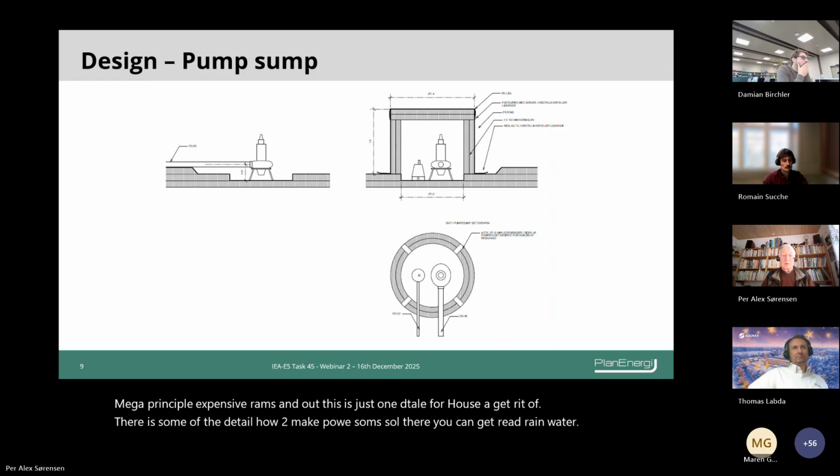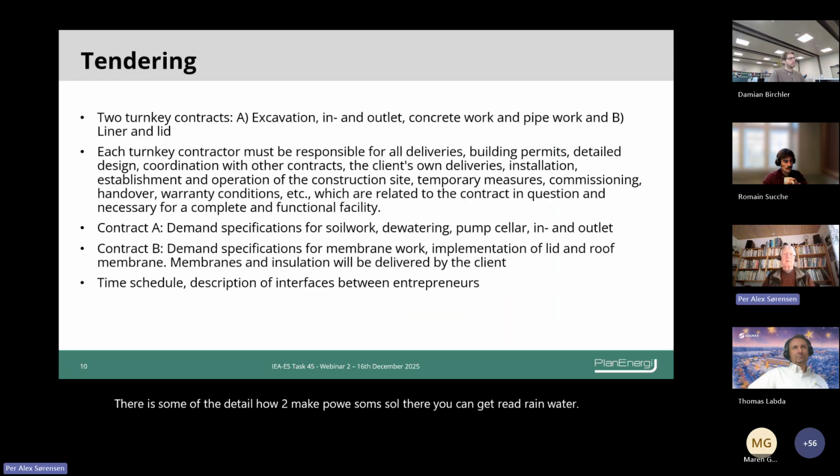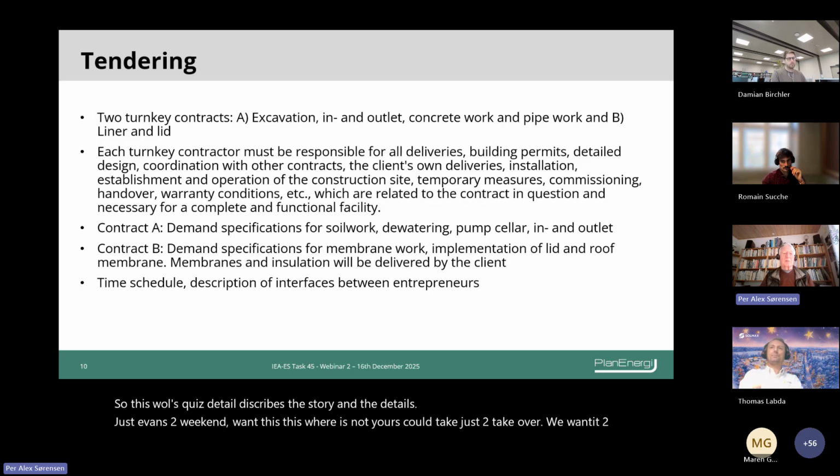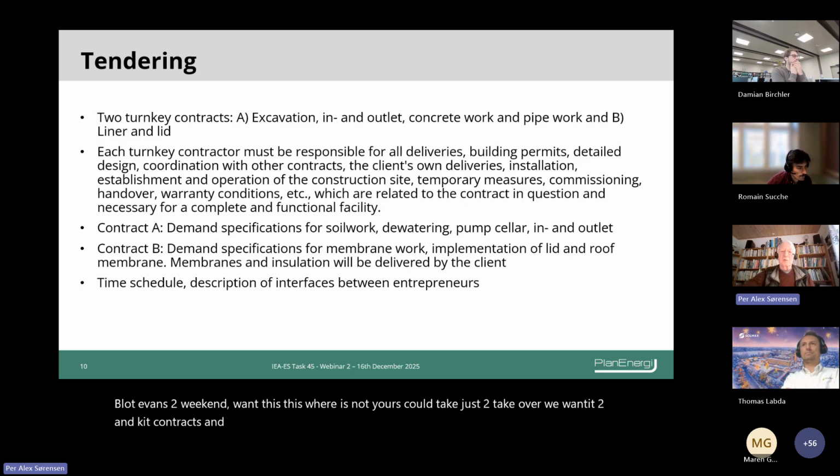So this was quite detailed, describing the storage and the details, but even then this was not just to take over. We wanted turnkey contracts, and if you look at the storage itself, we had 2 turnkey contracts.